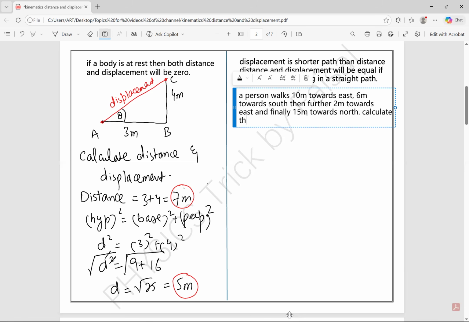Calculate the distance and displacement. So this is your practice question, and you all have to solve this question.